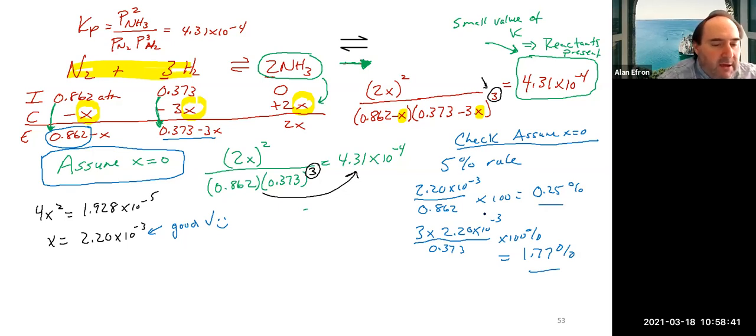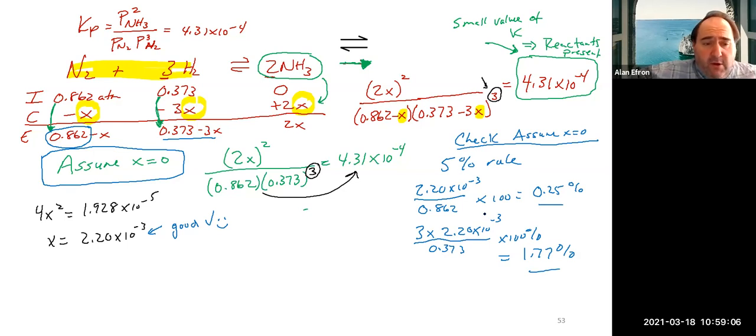As long as you check it, and you should always check it because it will not always be good, but as long as it's 5% or less, then you can say the change was negligible. It's okay to zero it out, and you can use that as your x value. Question on that?